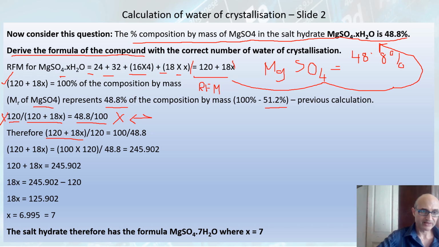Now we make 120 plus 18x the subject of our equation. How do we do this? By multiplying by the 120 which is beneath it.